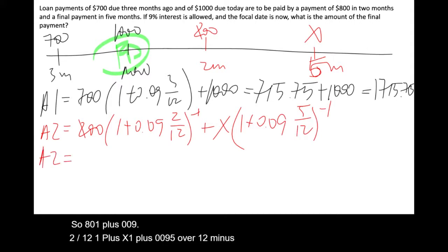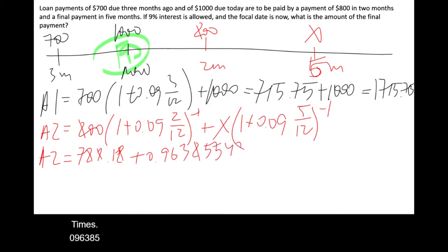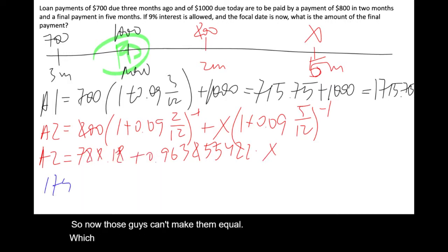So agreement 2: times 800 gives 788.18 plus, 5 over 12 times 0.009, 0.963855422 times x.